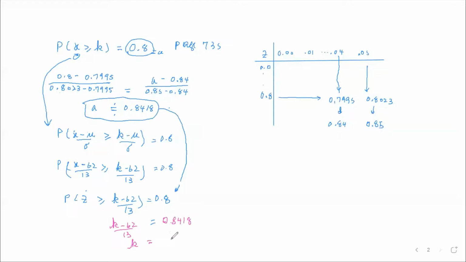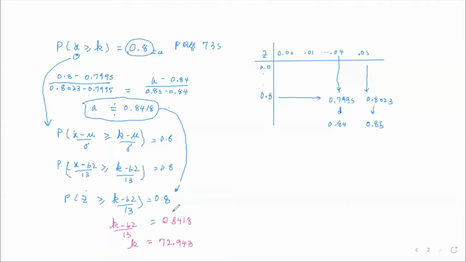So K equals 72.943. Use a calculator, because of time I don't want to calculate here. The value of K equals 72.943.